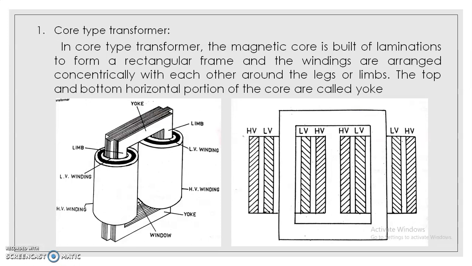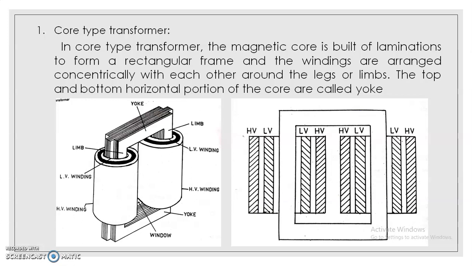Every transformer consists of a magnetic circuit of laminated iron core with which the electric circuits, primary and secondary, are linked. In the core type transformer, the magnetic core is built of laminations to form a rectangle frame, and the windings are arranged concentrically.